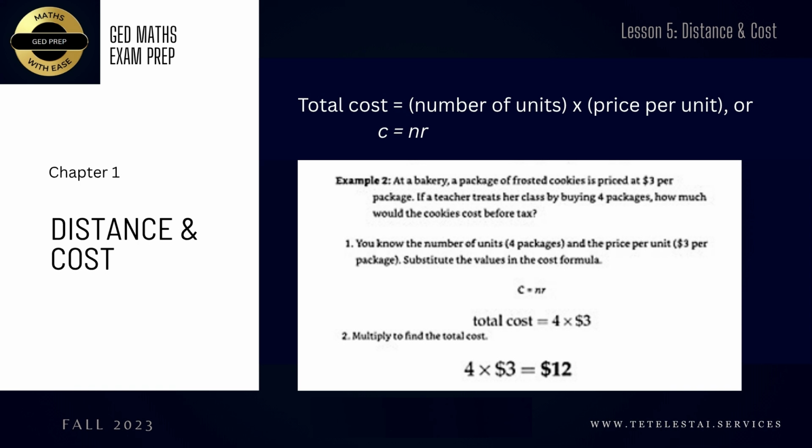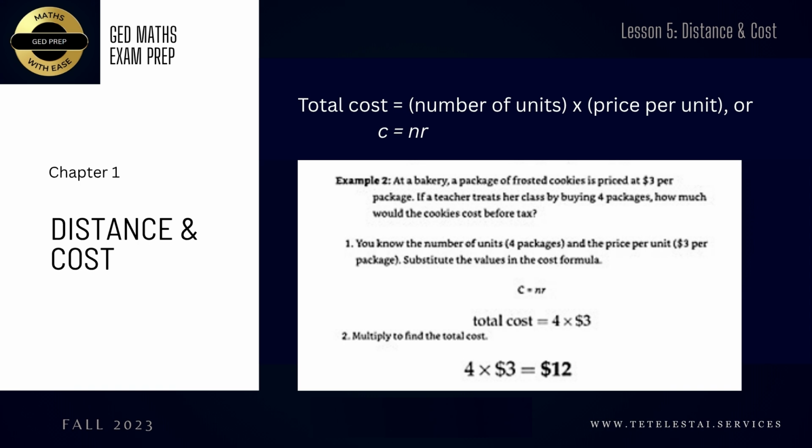Okay, so in this example, you're at a bakery and a package of frosted cookies is priced at $3 per package. If a teacher treats her class by buying 4 packages, how much would the cookies cost before tax? Very simple. We go back to our formula. C is the cost, equals N, the number of units she needs, multiplied by R, the price.